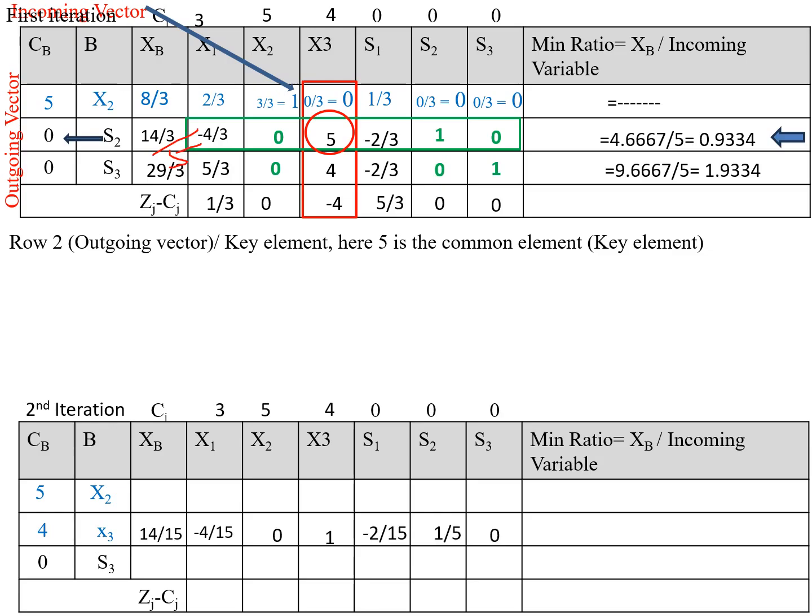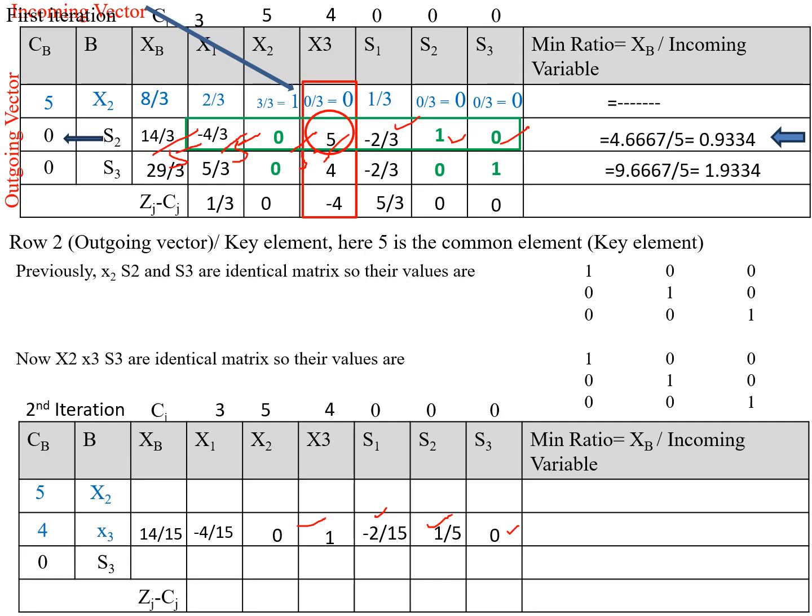It will become 14 by 15. Similarly, minus 4 by 3 divided by 5 is minus 4 by 15, 0 by 5 will become 0, 5 by 5 will become 1, and minus 2 by 3 will become minus 2 by 15. So 1 will become 1 by 5, 0 becomes 0 by 5, it is 0.